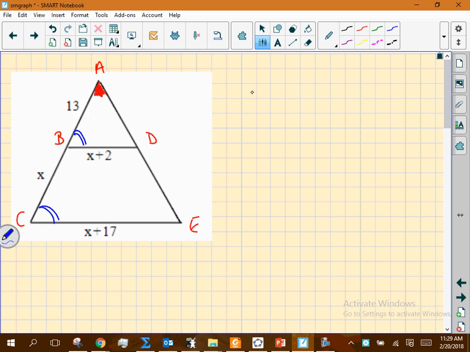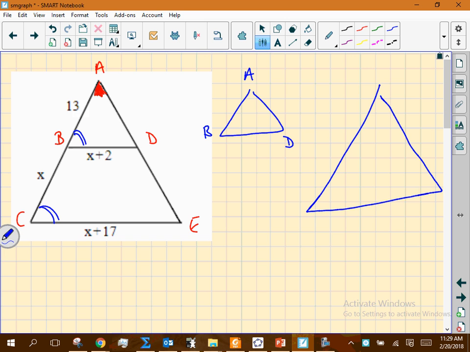Okay, so kind of redraw on this picture. Maybe I get A, B, D, and then the bigger triangle, A, C, E. But we know A is congruent in both, and then we're saying that B and C are congruent, and D and E are congruent as well.